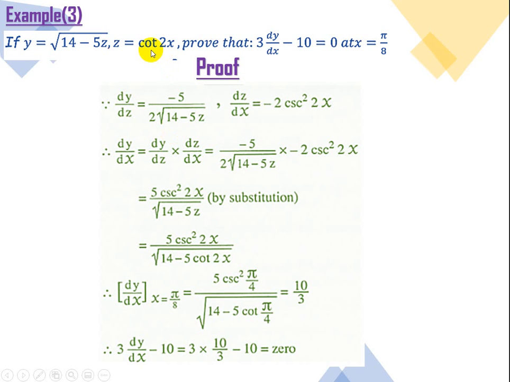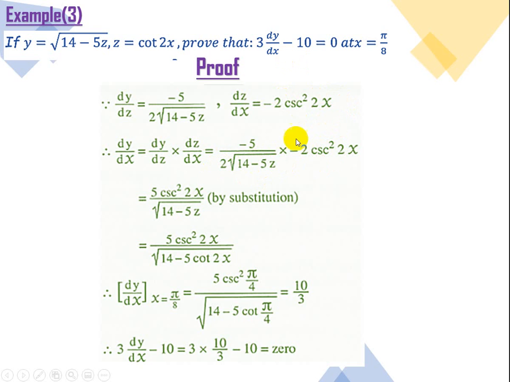And dz by dx: the derivative of cot is negative cosec squared 2x times the derivative of the angle, which is 2. To get dy by dx, I will multiply the two expressions, dy by dz times dz by dx, which is negative 5 over 2 root 14 minus 5z times negative 2 cosec squared 2x.